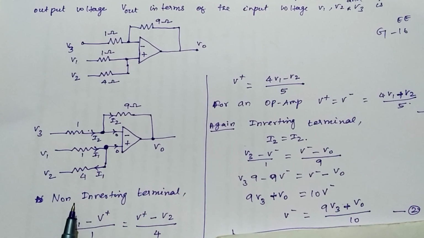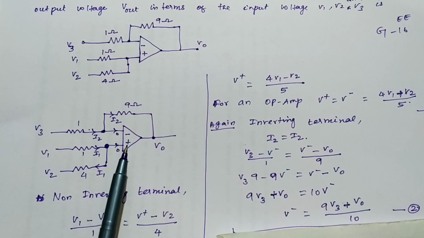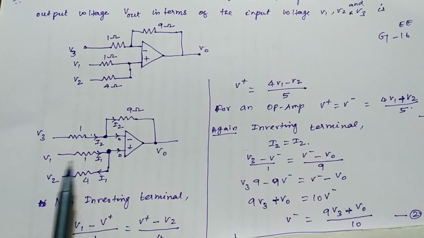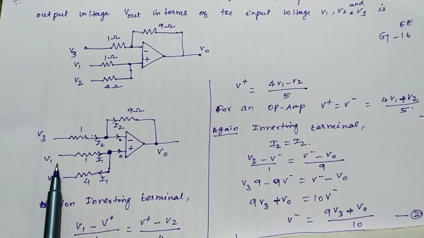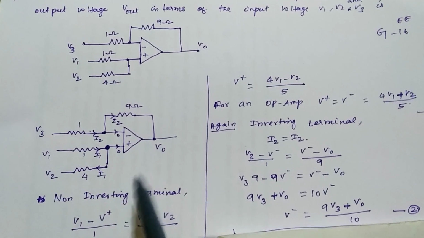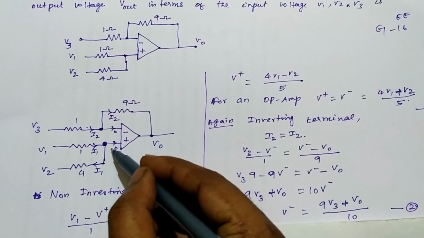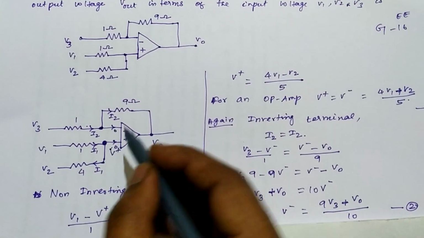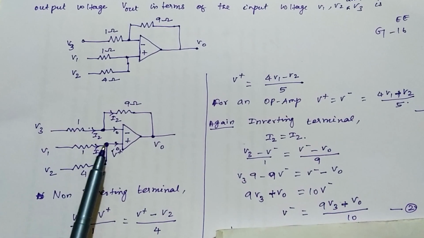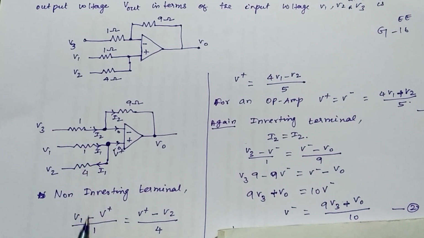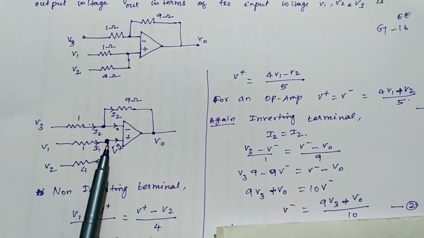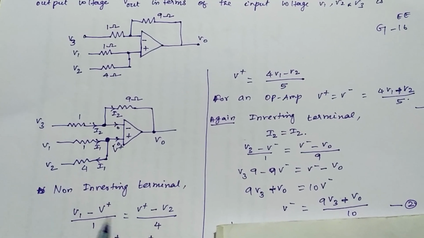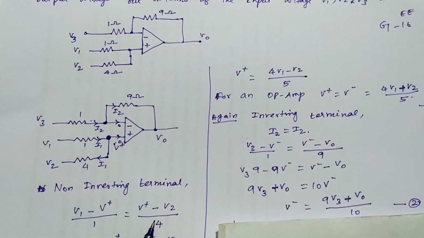At the non-inverting terminal, we apply Kirchhoff's current law. Let the voltage at this terminal be V plus. So (V1 minus V plus) divided by 1 is equal to (V plus minus V2) divided by 4.